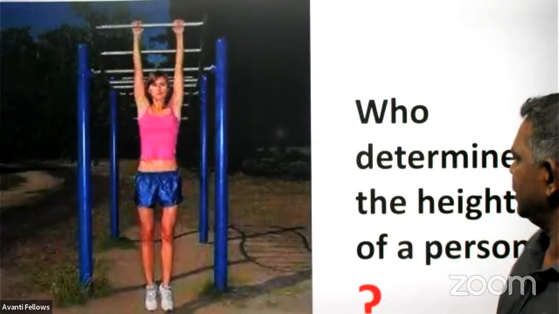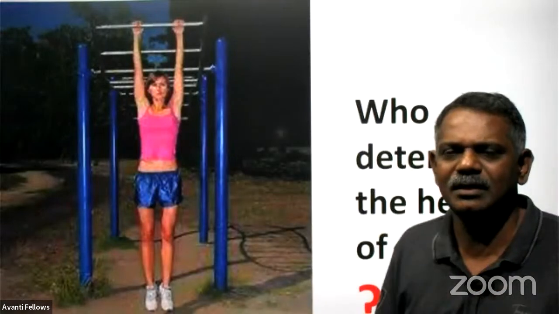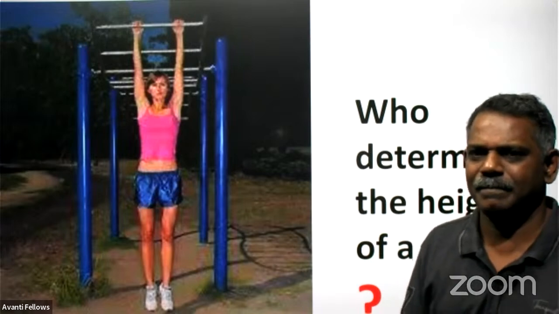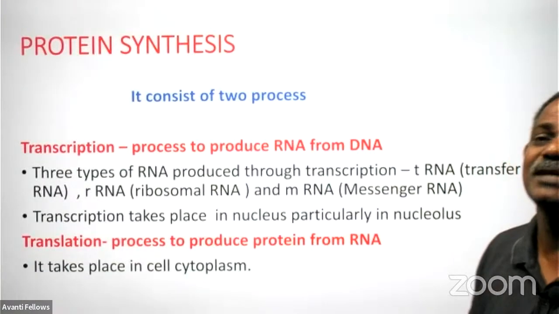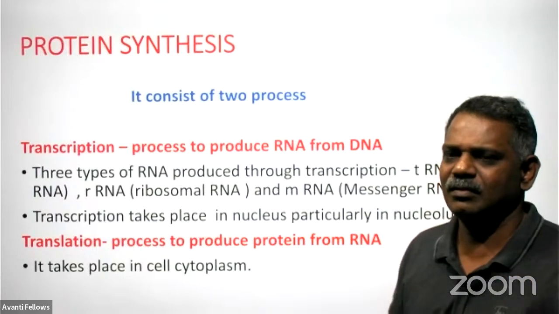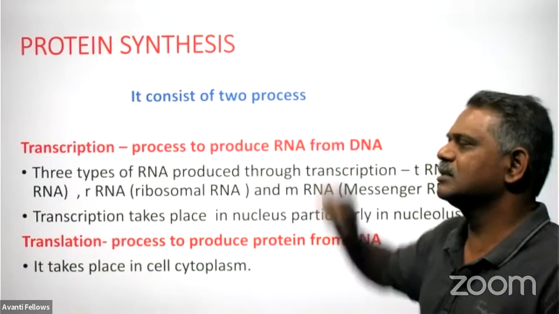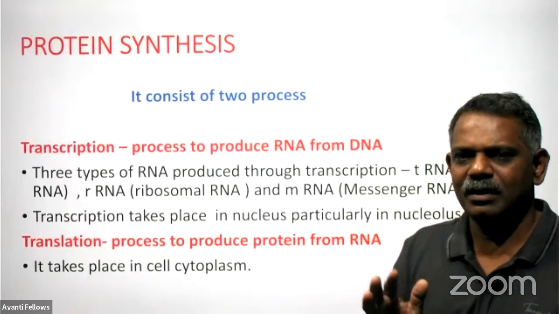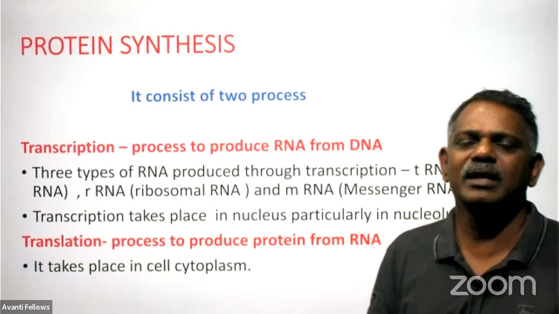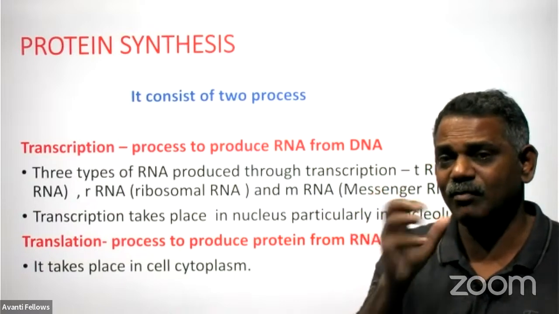Okay. Let us see how a gene expresses a character by synthesizing a protein. We call it as what? The protein synthesis only. As I told you in the beginning, DNA is the real genetic material, can store a lot of information.